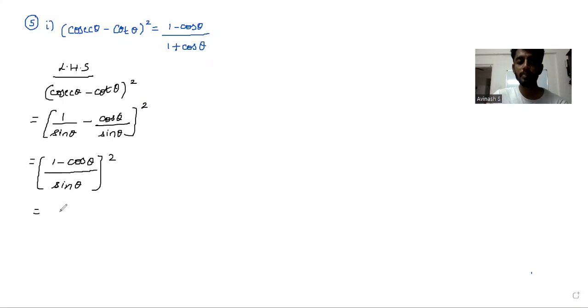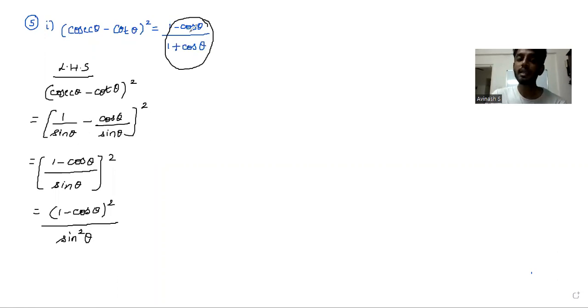Now in the next step, let me take this square individually to the numerator and denominator. Now the numerator becomes (1 minus cos theta) the whole square and the denominator becomes sine square theta. As we keep solving this, we should always parallelly look at the right hand side and what is expected of us.